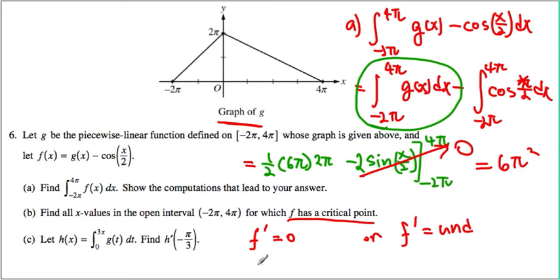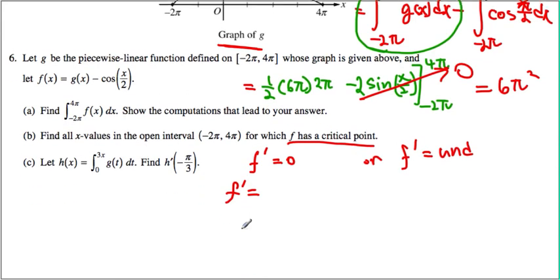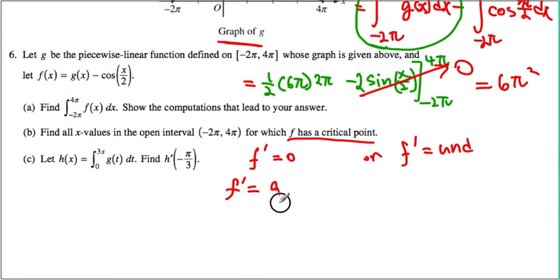When do you have f prime equal to 0? Since f prime is equal to g prime of x plus the derivative of this portion, which will be positive sine of x over 2 times 1/2.